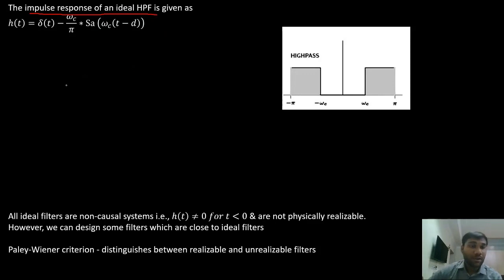So similarly, the impulse response of an ideal high-pass filter, I can calculate. How? You can use the same method as we have done previously, or I will do it like this. My high-pass filter is nothing but 1 minus the low pass filter.